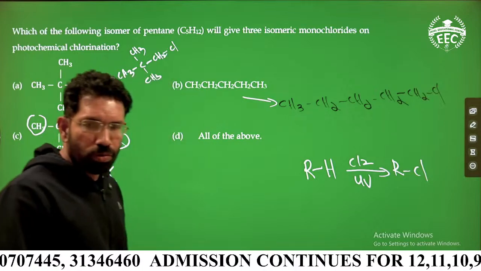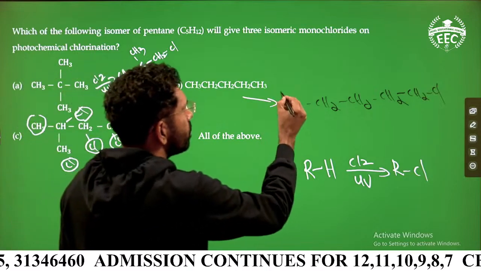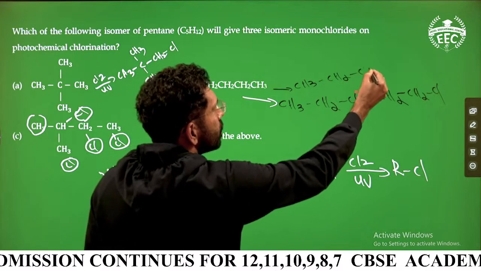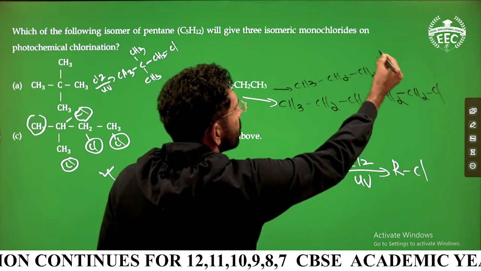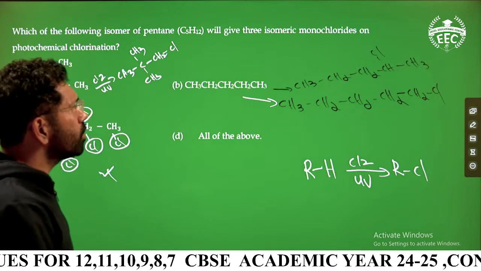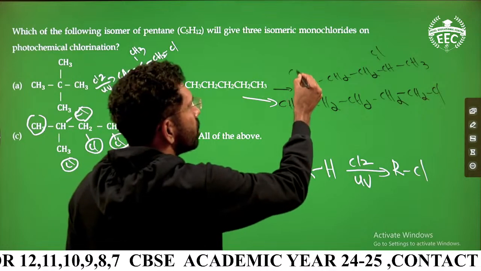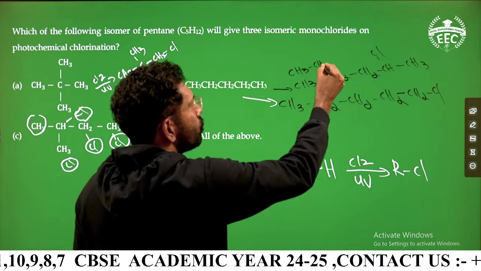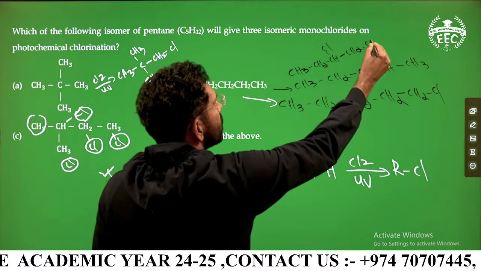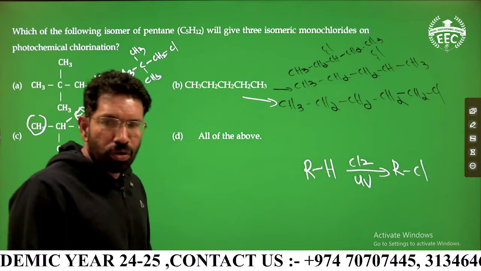That is one monochloro product. Another one is possible: CH3, CH2, CH2, then CHCl, CH3, the second monochloro product. And another one possible in the middle: CH3, CH2, CHCl, CH2, CH3. 3 monochloro products are possible.